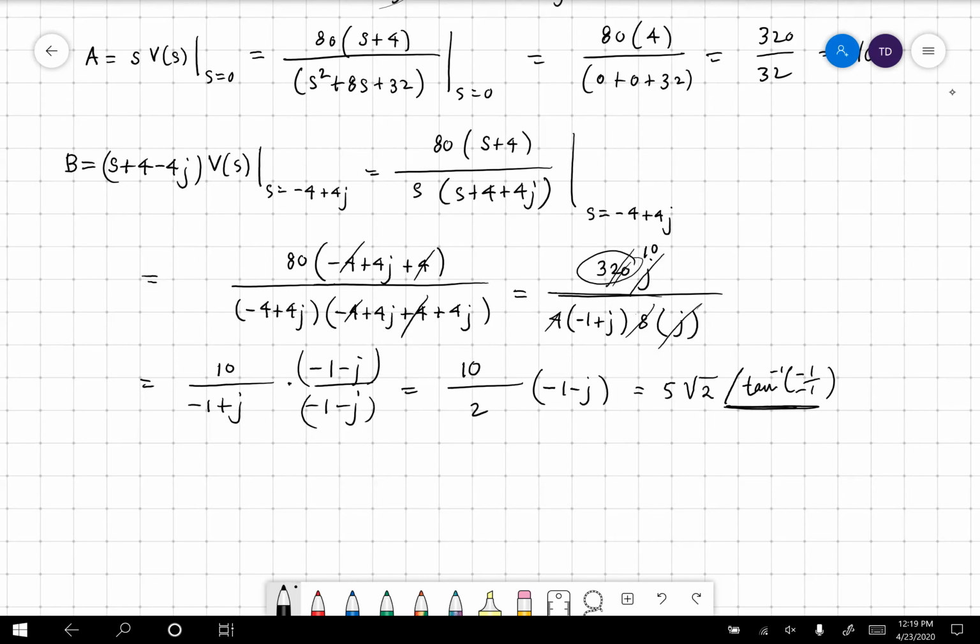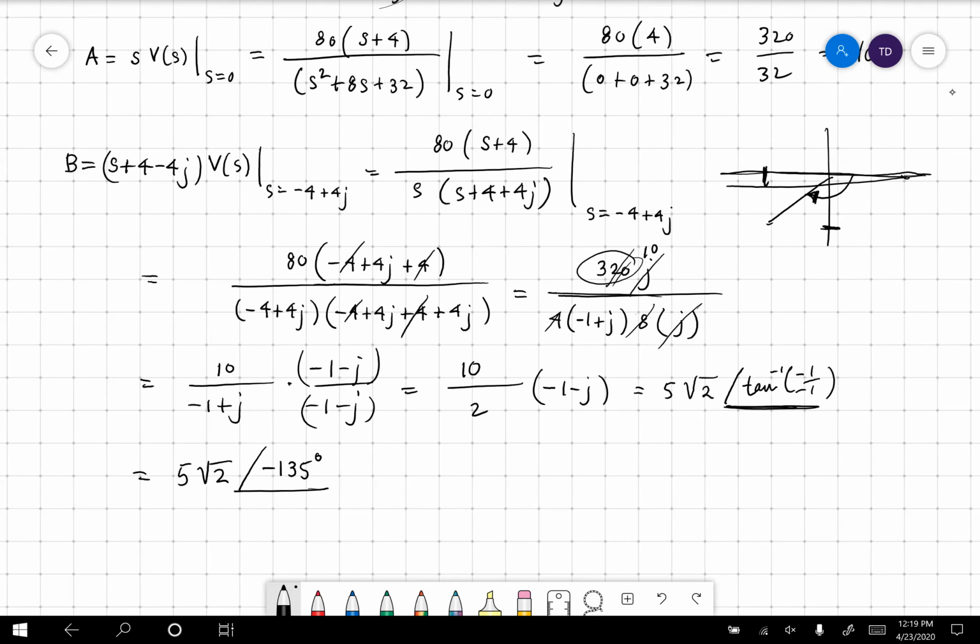But that's an angle that we know. We're over here, minus 1, and this is our angle. Anybody tell me what that angle is? Negative 135. Excellent, very nicely done. Negative 135 degrees.